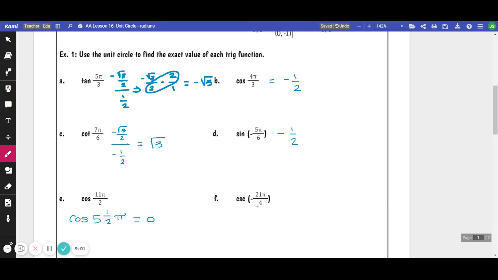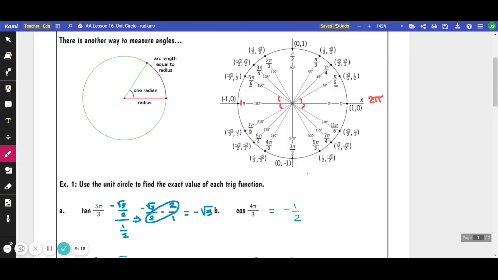And then one more of these, cosecant. 4 goes into 21 5 times, so negative 5. There's 1/4 left over. Okay, so negative 5 and 1/4. So around our circle, we're going in a negative direction, so we're going down.